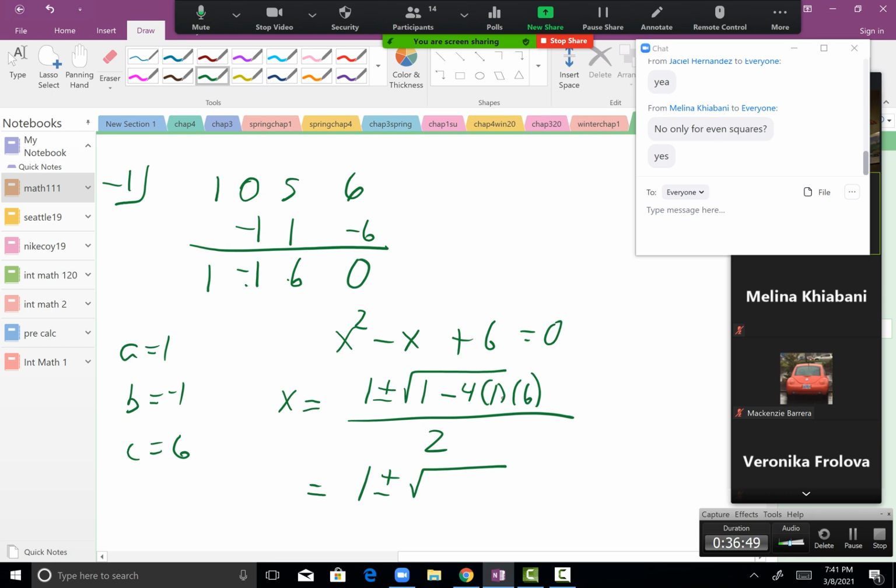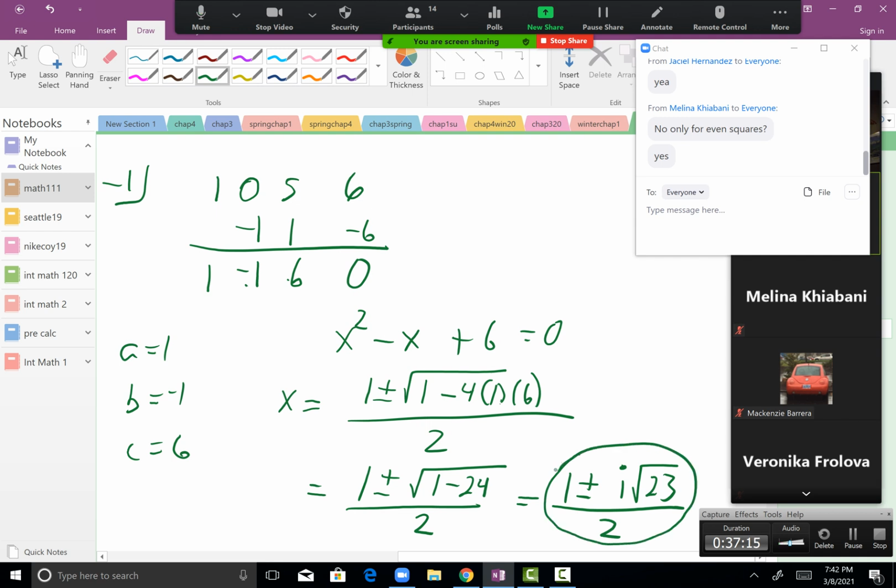So I have 4 times 1 times 6, so that's 1 minus 24 over 2. And there's where my imaginary comes in, right? Because I'm going to get a negative 23. So that means I'm going to get an i on the outside and a square root of 23 on the inside over 2. Guess what? There's my other two solutions right there.